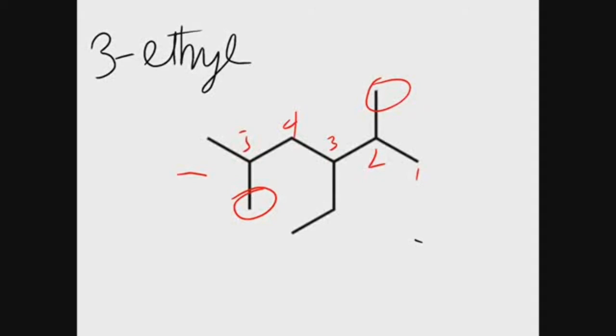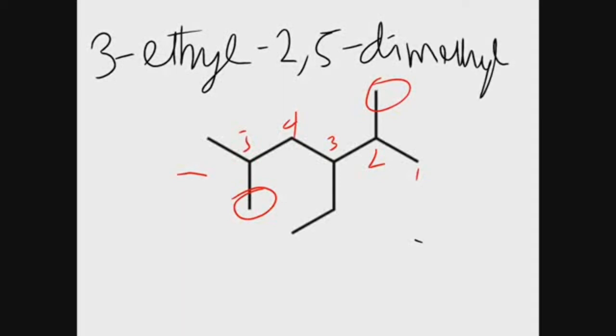Now you then finally acknowledge the other functional group, which is 2,5-dimethyl, and of course finally the parent chain, which is 1, 2, 3, 4, 5, 6, hexane.